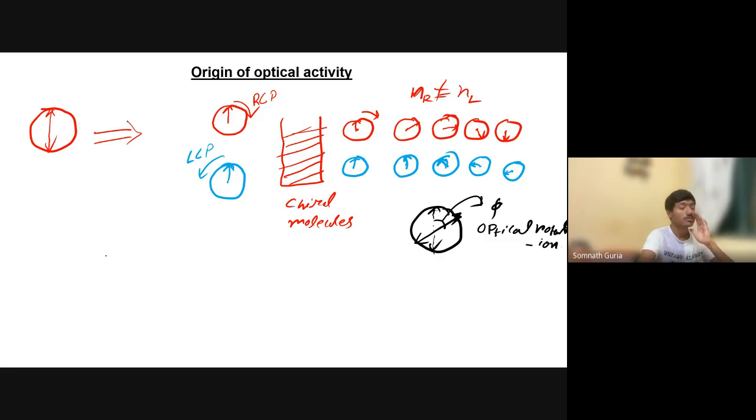Now another phenomenon, the second one, is where the absorbance of right hand circularly polarized light, A R, is not equal to A L, the absorbance of left hand circularly polarized light.